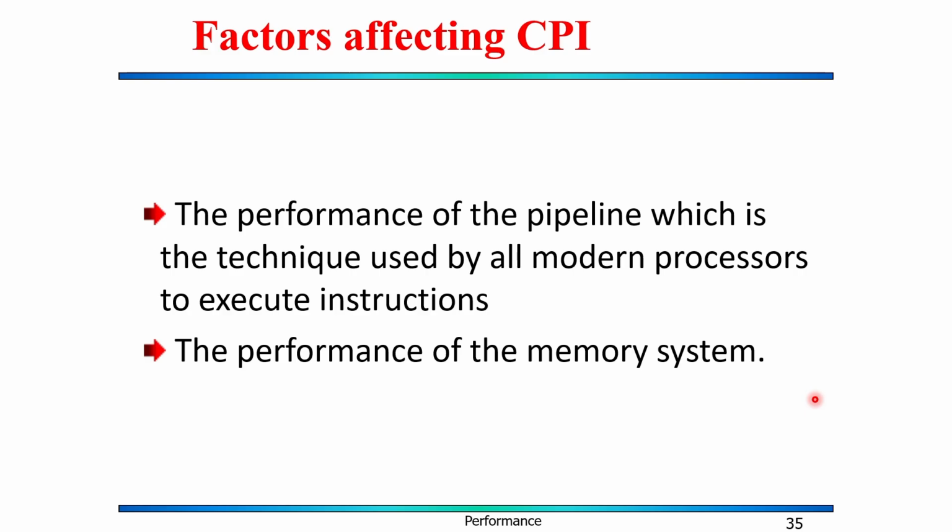Now, we need to understand what factors actually influence the average CPI, or the cycles per instruction, for a program. So the first major factor is the performance of the pipeline. Pipelining is a technique used by all modern processors to execute instructions. Instead of waiting for one instruction to finish completely before starting the next, the processor overlaps instruction execution.